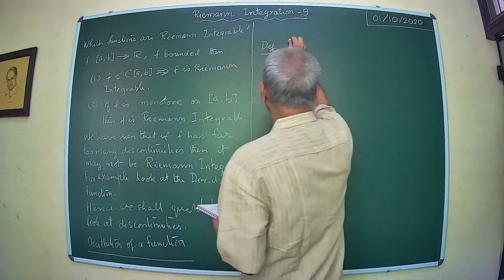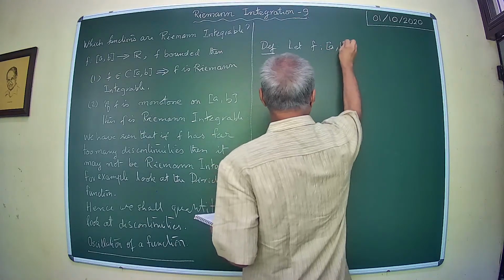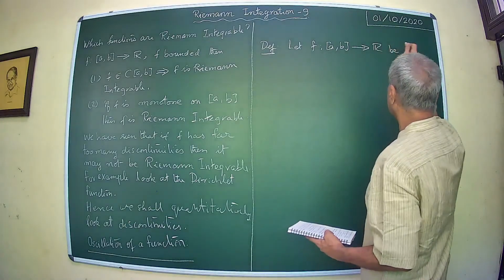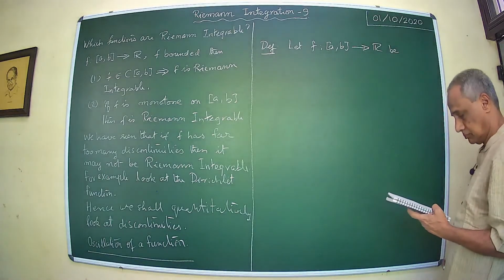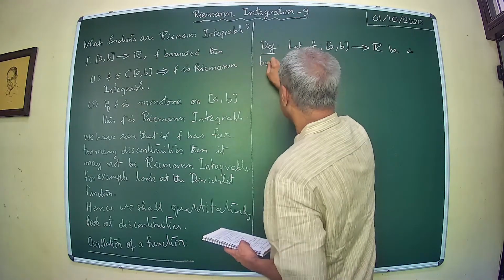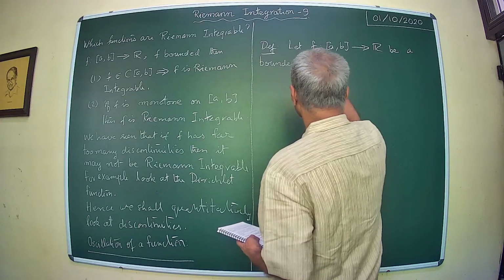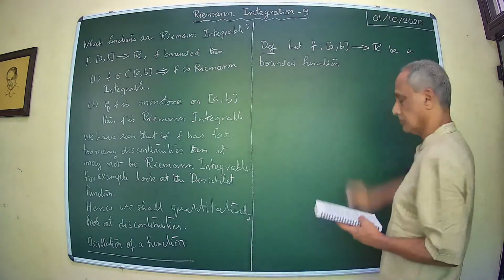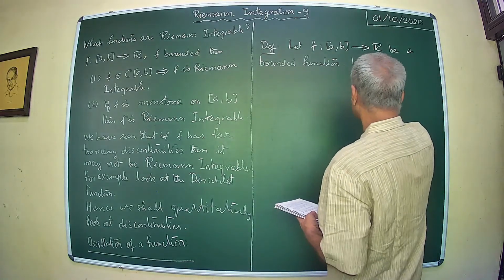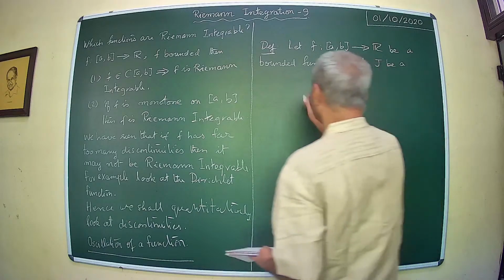Let f be a bounded function. Let J be a subinterval of [a, b].